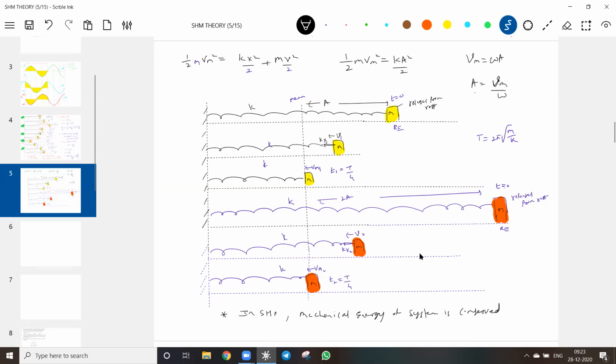Next, one more point: the time period is independent of the amplitude of oscillation. Now the first question: is SHM periodic motion? Yes. Is it oscillatory? Yes, it is.